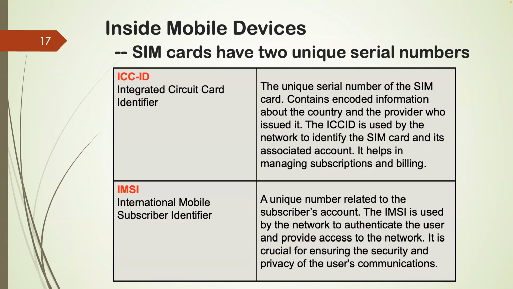If I go to my home, or to some other city, I will be removing the connection from one tower, and as I go out of its reach, I will create a new connection with a new cellular tower. So every time I create a connection, or every time I move from one location to another, my phone will send these two IDs, ICC ID and IMSI ID, to the cellular network and register itself.